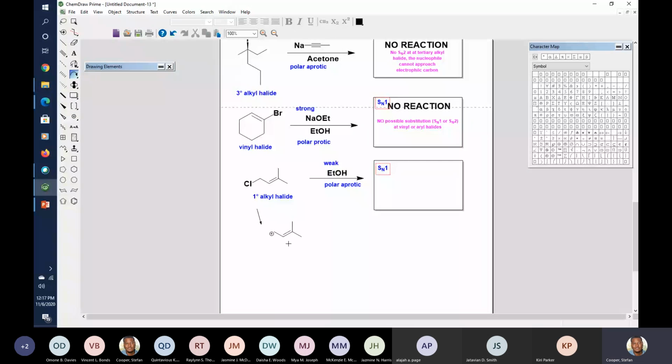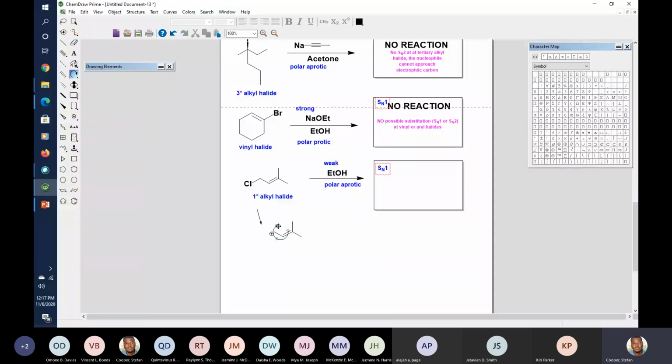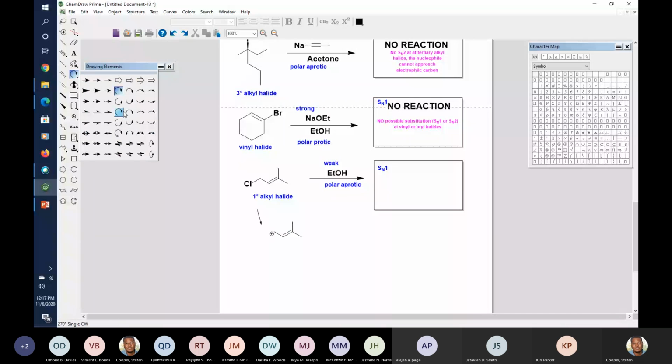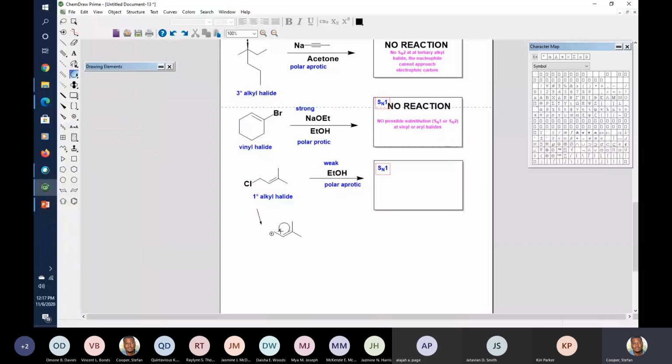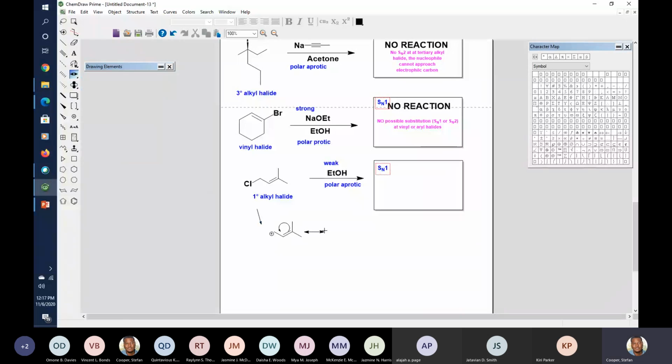And that's going to afford me an opportunity to do resonance here, right? So from the resonance, I'm going to generate now this carbocation. Now my nucleophile can react at that carbocation.